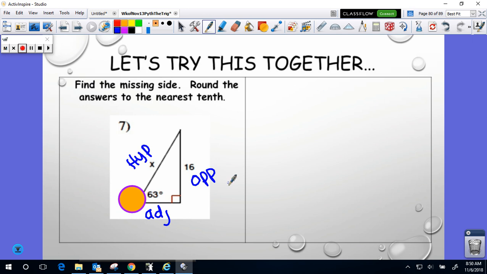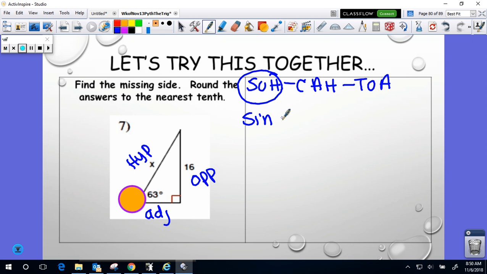So I labeled my sides, and what I'm looking for here is the side that I'm looking for and the side that I know. So that's opposite and hypotenuse. So I'm going to write my SOHCAHTOA up here to help guide my thinking. And the one that matches here is sine. So I know that sine 63 should equal 16 over x.